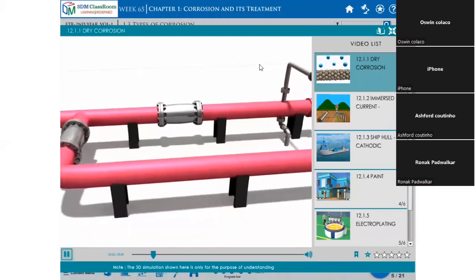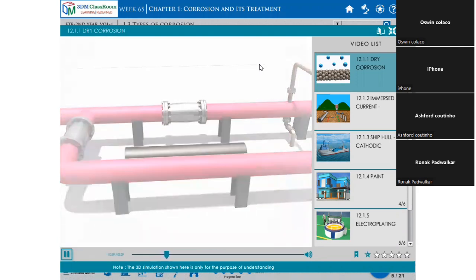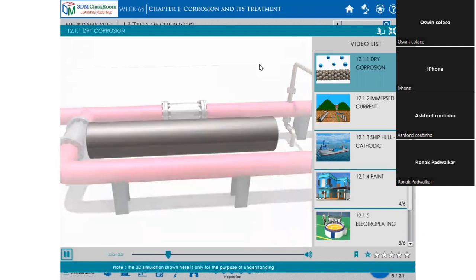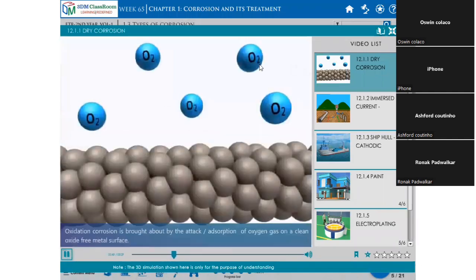This is a pipeline they have fabricated. So this is the atmospheric oxygen reacting with the metal surface, then forming the oxide.